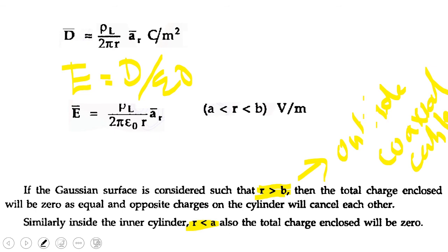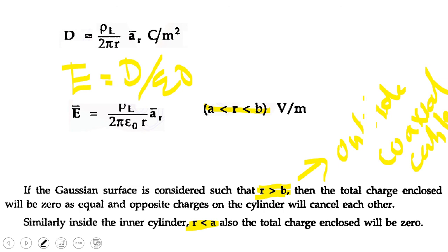So only for the region between A and B do we have the equation E is equal to rho L by 2 pi epsilon naught R into AR vector. But for the other two conditions, R greater than B and R less than A, the total charge will be 0. For R greater than B, plus and minus will cancel each other. For R less than A, inside the conductor, the charges will not pass; they pass only on the outer surface due to skin effect.